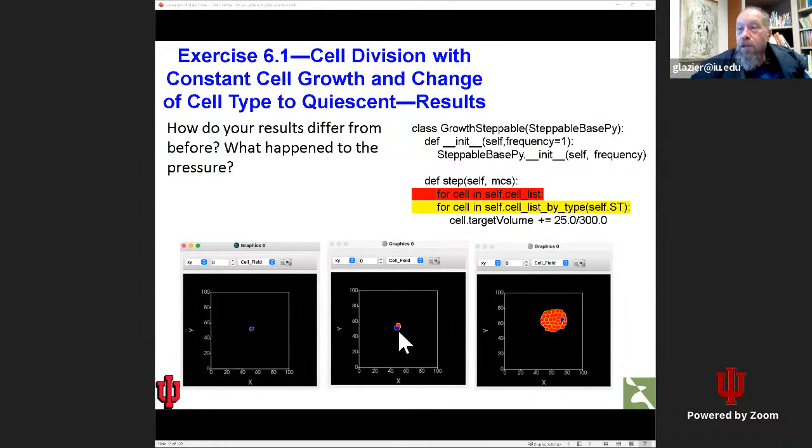So you have here the blue is the dividing cell, red is the terminally differentiated cell. It's not dividing. And you can look at what happens to the pressure.